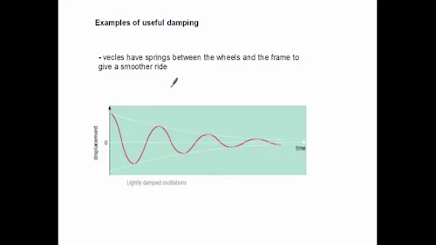When a car goes over a bump, these springs help so that we can ride more smoothly. Otherwise, we will keep vibrating up and down. So this is an example of useful damping.